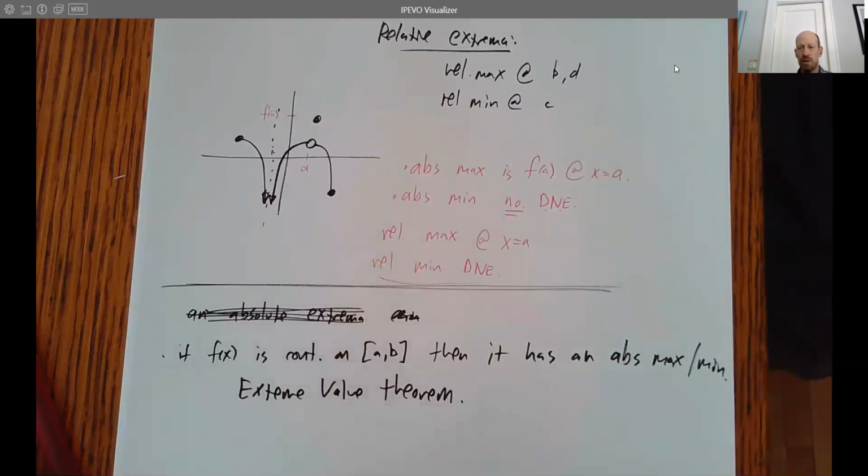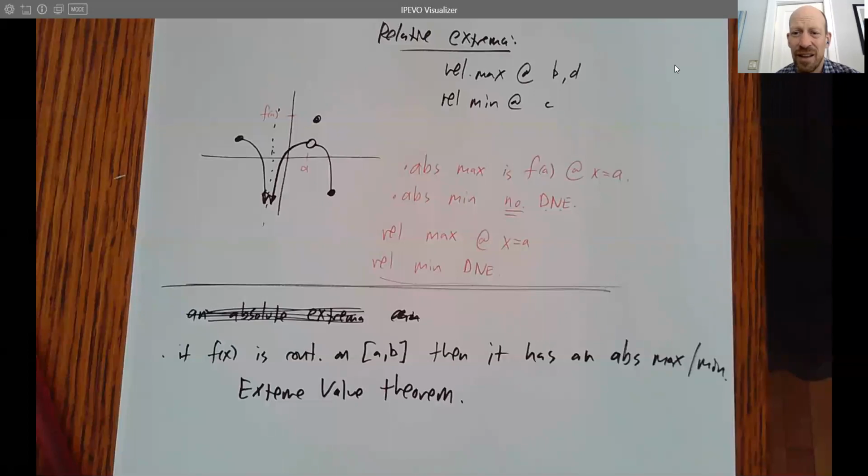That's important because we certainly care about what the biggest and smallest values are. Remember, these functions can represent profit or quantity of drug in a bloodstream or efficacy of a vaccine. Those are things that can be described as functions. And so we'd certainly be interested in the minimums and the maximums of those functions.